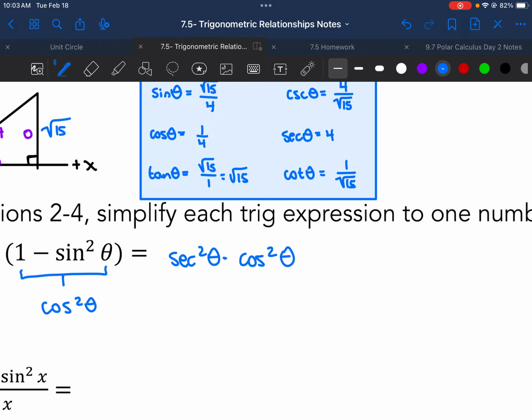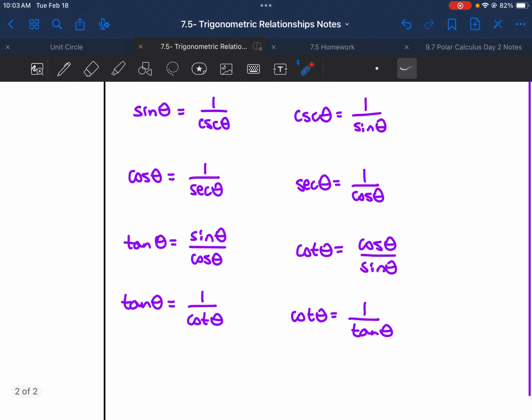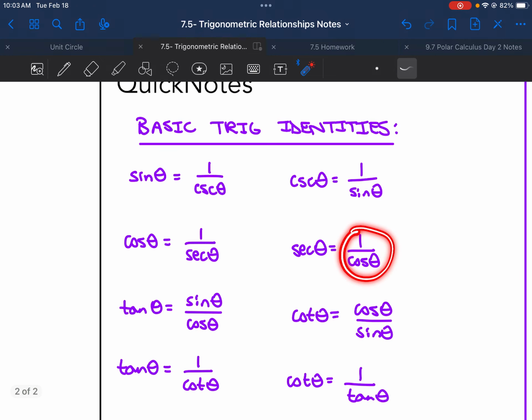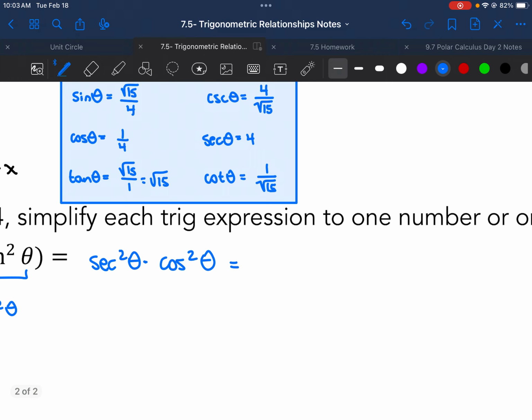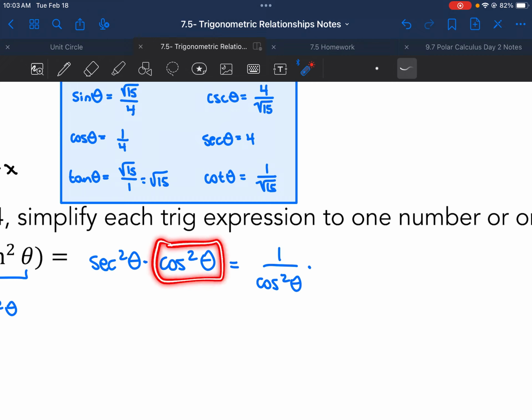Okay, now let's convert these things into sines and cosines. We know that secant of theta is 1 over cosine of theta, so secant squared of theta is going to be 1 over cosine squared of theta. Now cosine squared of theta is already in terms of cosine, so we can leave it alone.